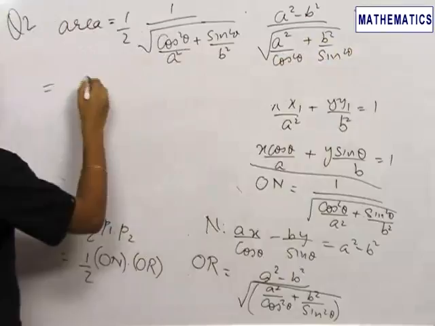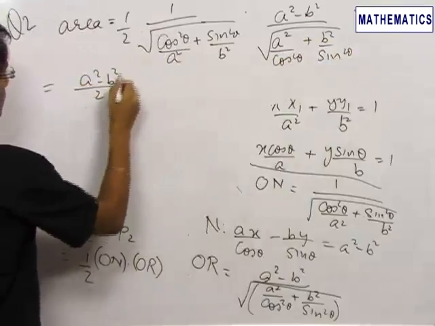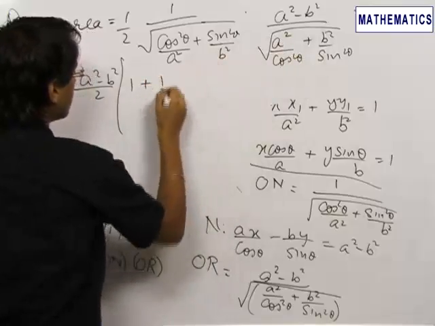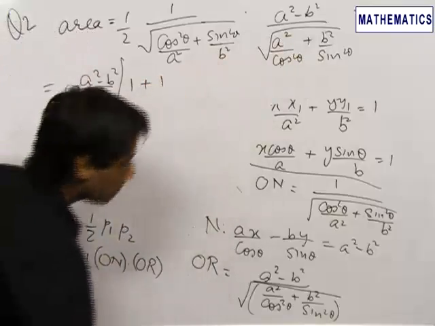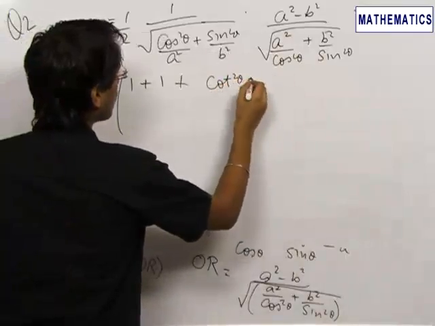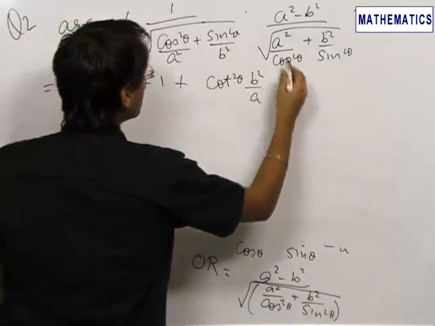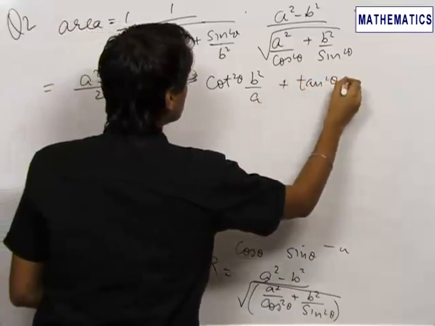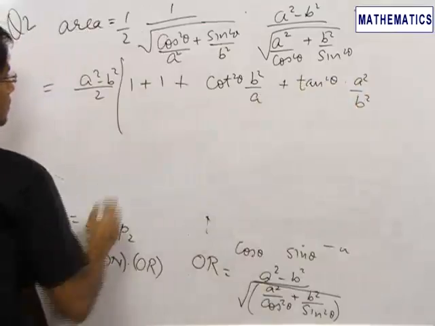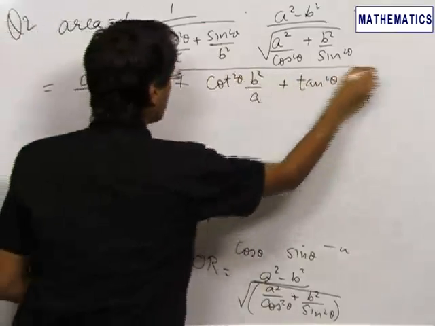On multiplying these two, we get a square minus b square by 2 into the square root of 1 plus cot square theta into b square by a square plus tan square theta into a square by b square. This everything is within the under root.